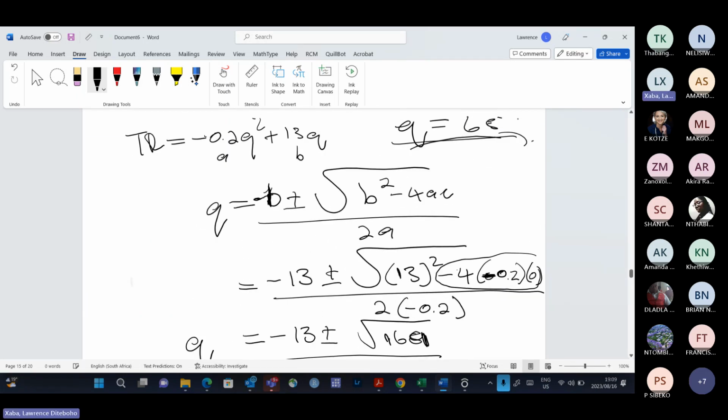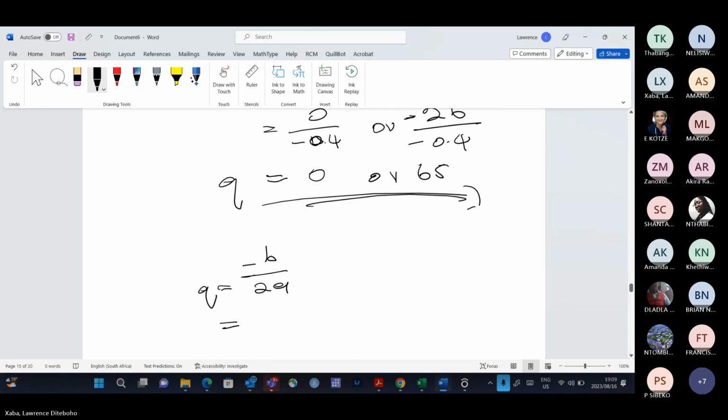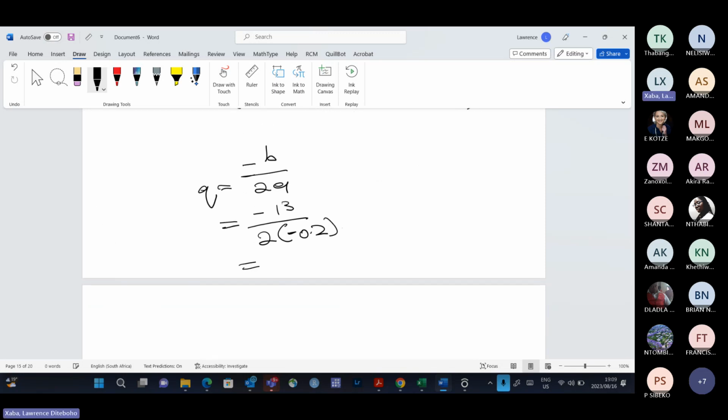Our B is negative 13, divided by 2 times negative 0.2. What is the correct answer? Because we have negative 13 divided by negative 0.4. What is our turning point?